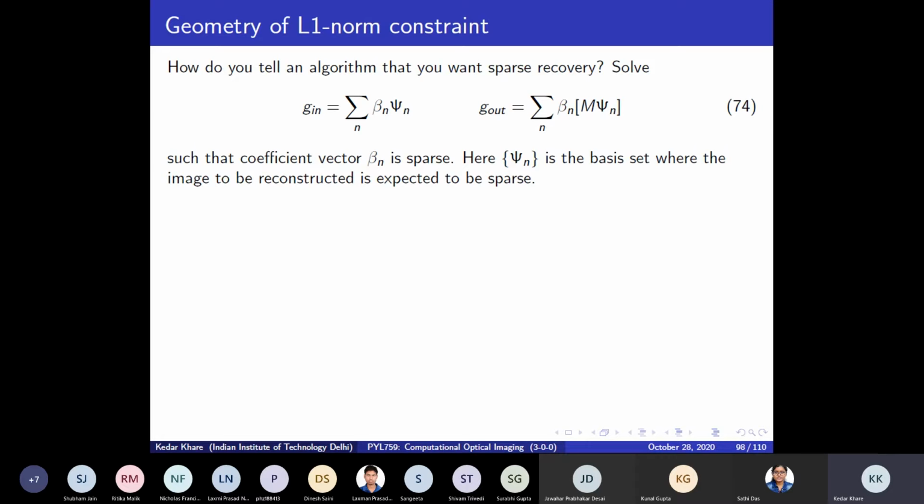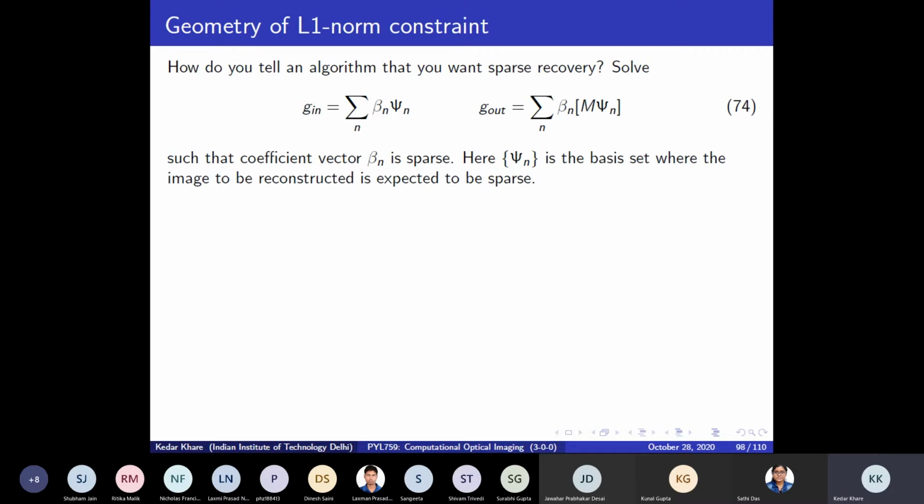In such a situation, if I apply my measurements, I get a g out. I have not written noise here, which is included in g out somehow, but g out is given by beta n times the measurement applied to each basis element. Okay, and so for g out I get another image or some data.